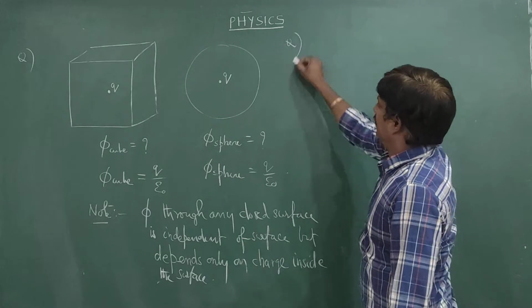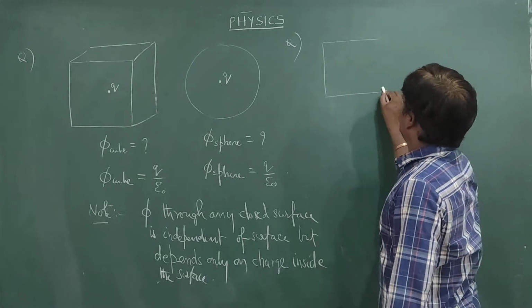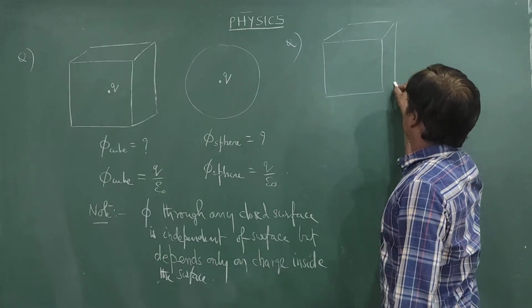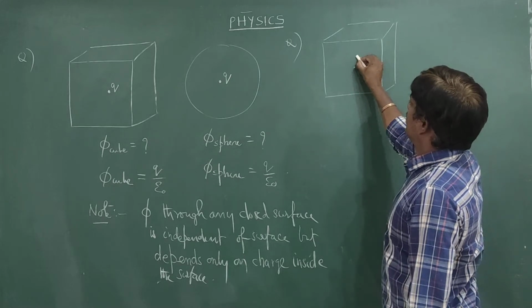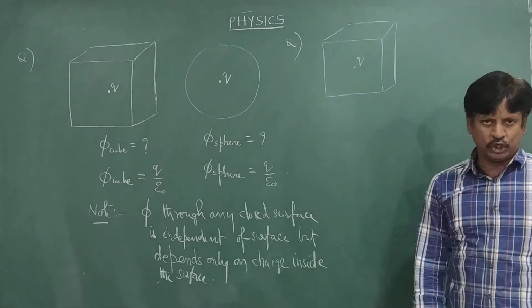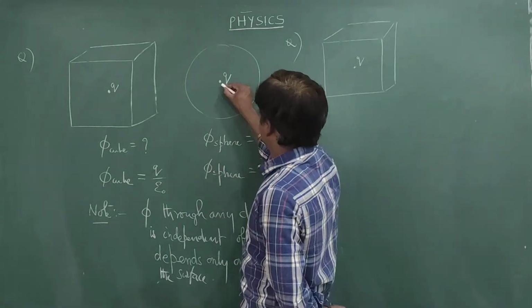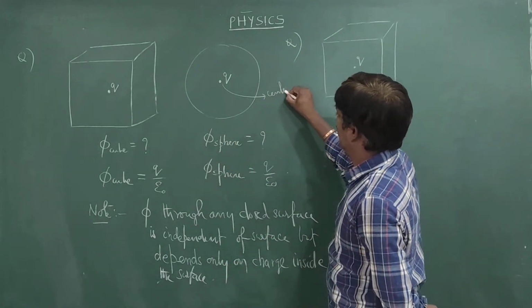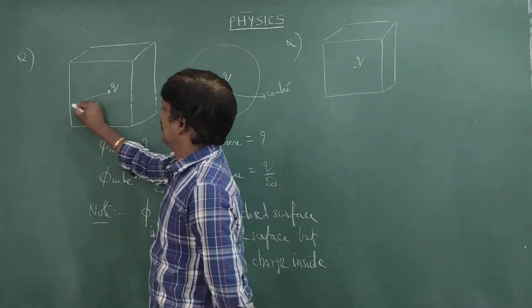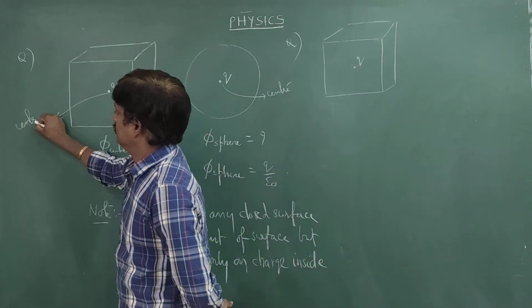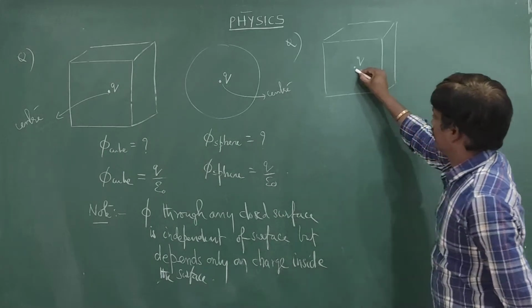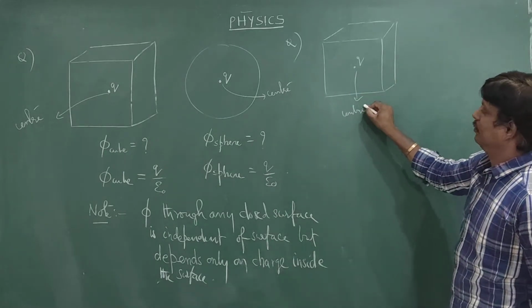Now see carefully. So for example, you are having a cube now. The charge is exactly at the center of the cube. So here the center of the sphere, and here the center of the cube.